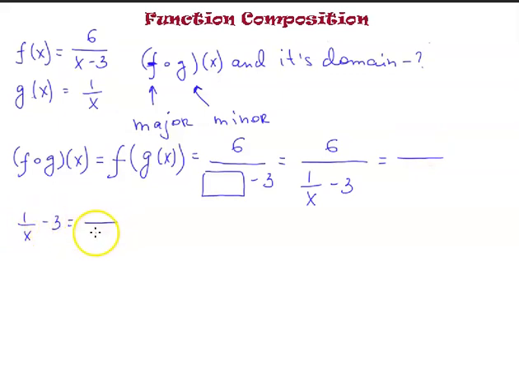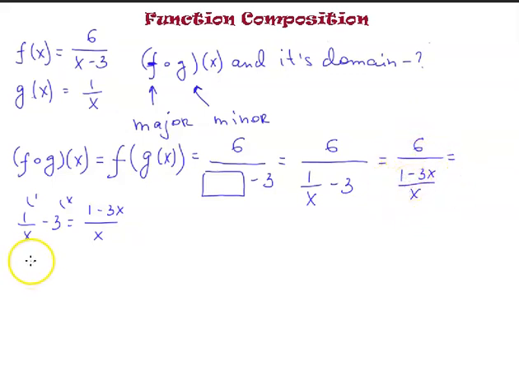The lowest common denominator will be x, so there will be 1 minus 3x, and I'm going to do it step by step. So it will be 1 minus 3x over x. Then I need to simplify this fraction. You know that a fraction is actually division. So we have the number 6 and we need to divide by the fraction.